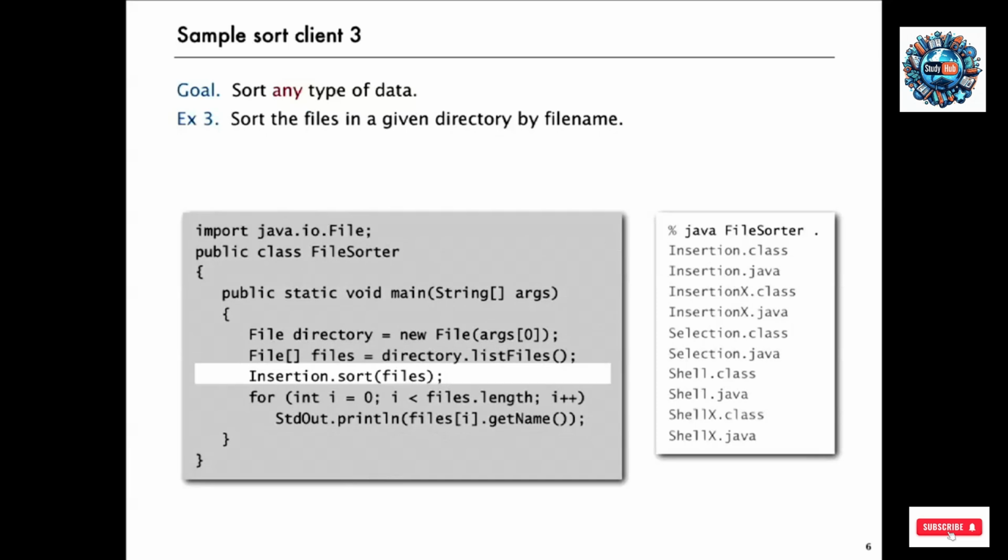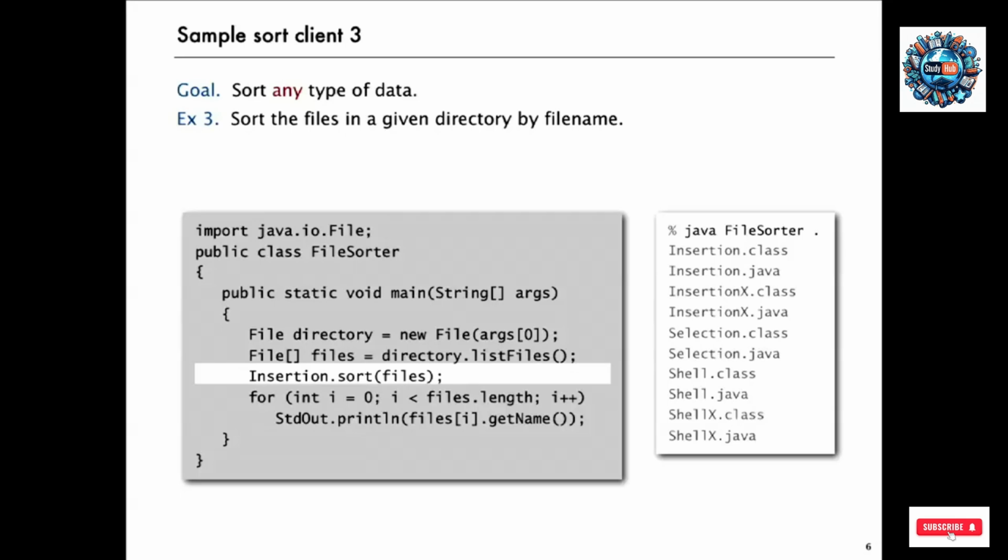Here's another client that we could use our sort program for if we achieve the goal of sorting any type of data. In this one, we're going to sort the file names in a given directory. So again, we use the File class from Java, and we use the listFiles method from that class to get an array that contains all the file names in the given directory.